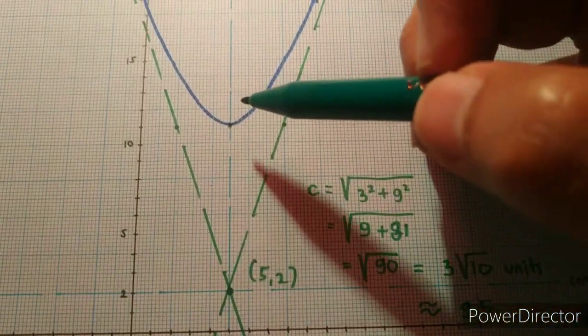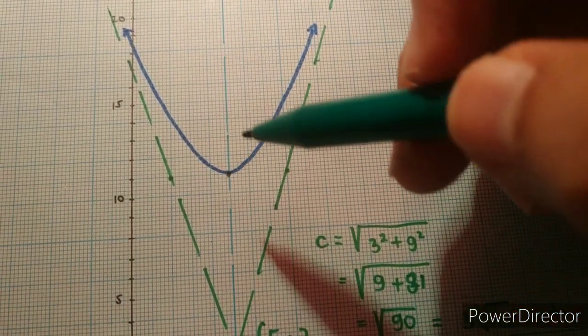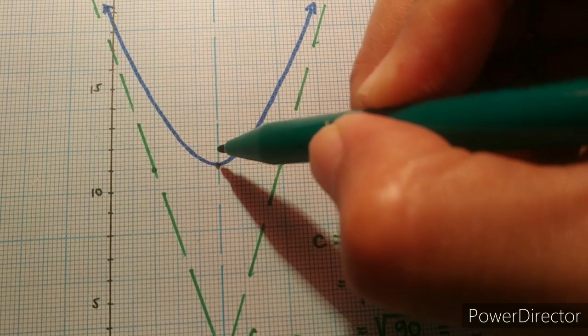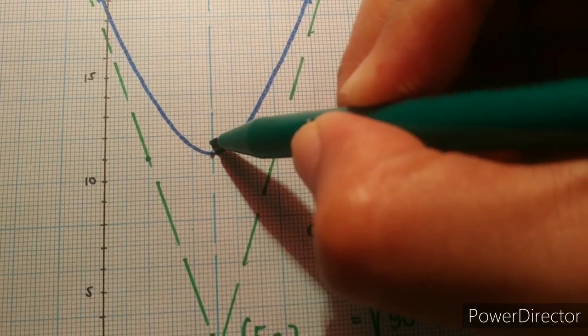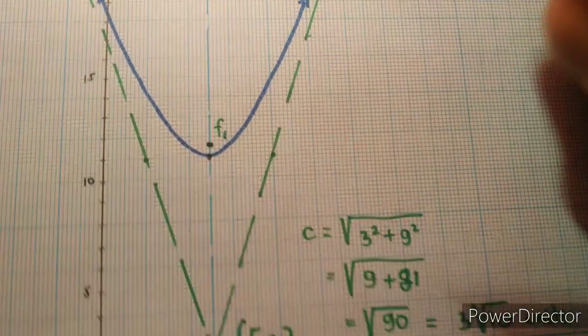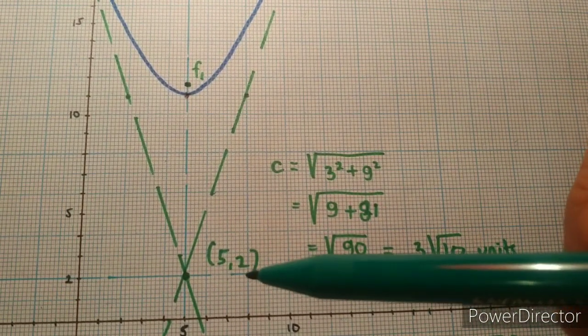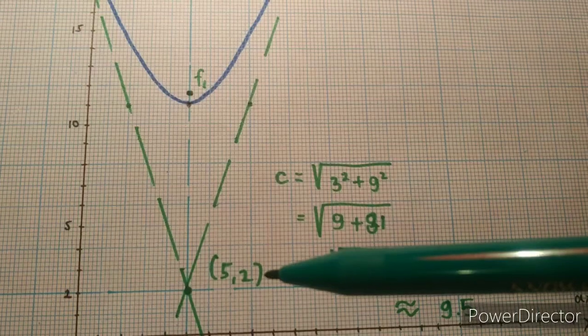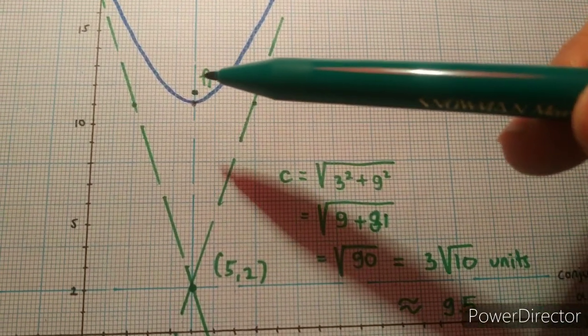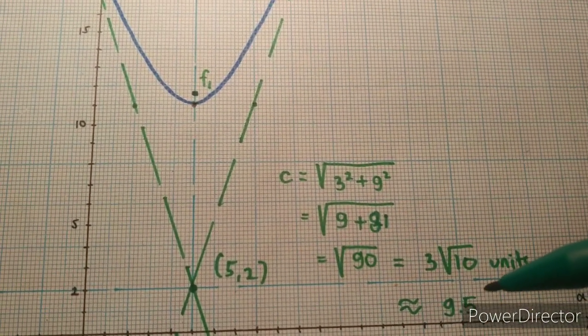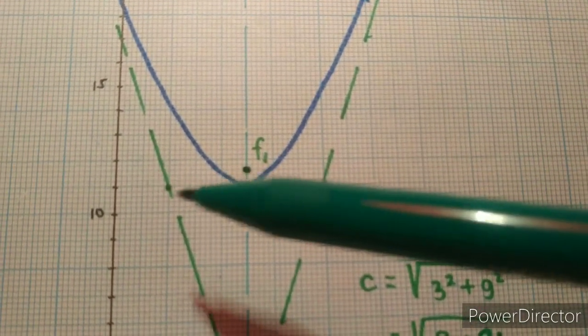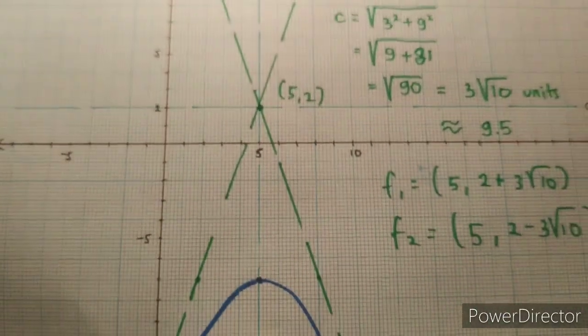For this one, it's about 11.5. So here, this is your first focus. Why is it 11.5? Because this is (5, 2), so the y is 2. If you go up, it's 2 plus 9.5, which is 11.5. It is around here.